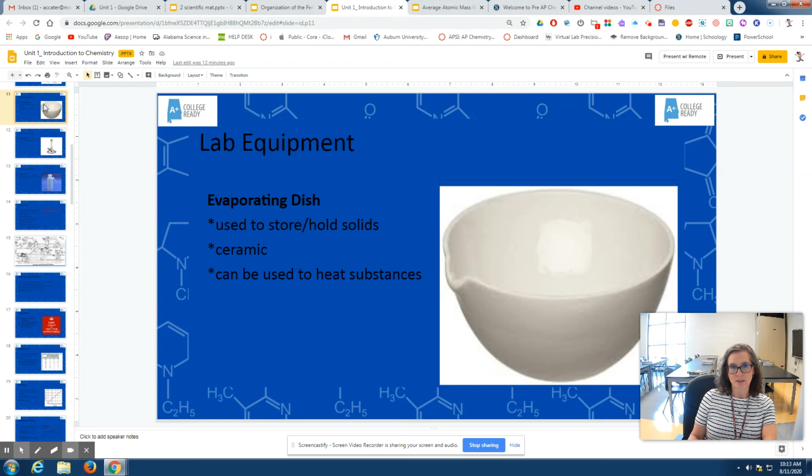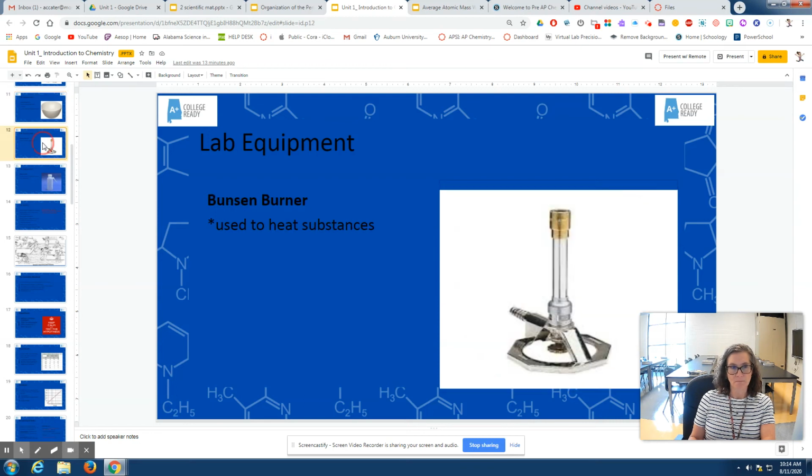Okay, the next thing you're going to see is an evaporating dish. An evaporating dish is what we use to store or hold solids, especially when we need to heat them. Okay, a lot of times you'll have a solution that's a mixture of a liquid and a solid. We need to heat it up to boil off the liquid and leave the solid behind, and we do that in an evaporating dish because it's porcelain and it's able to withstand the heat a little better than, say, a beaker or something like that.